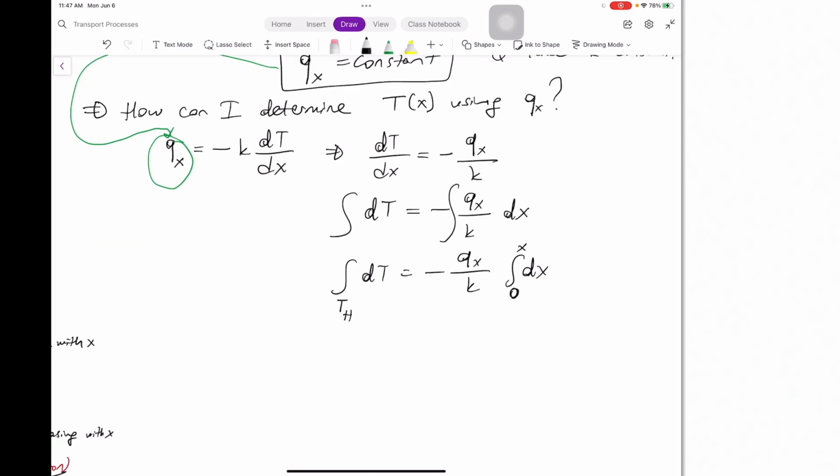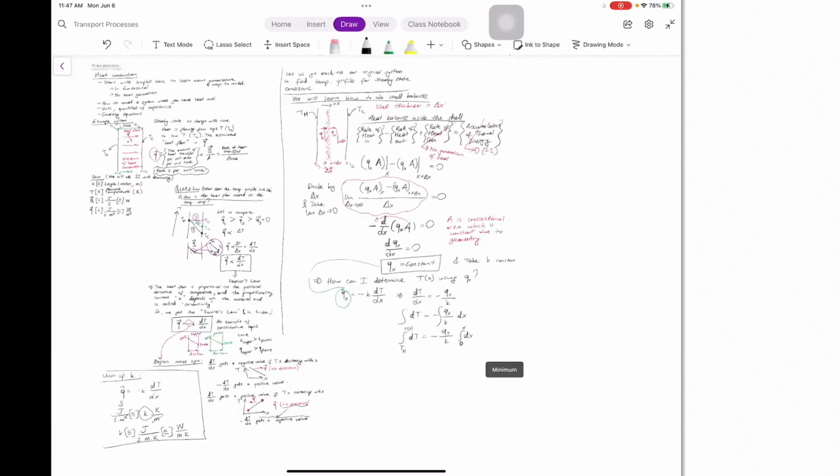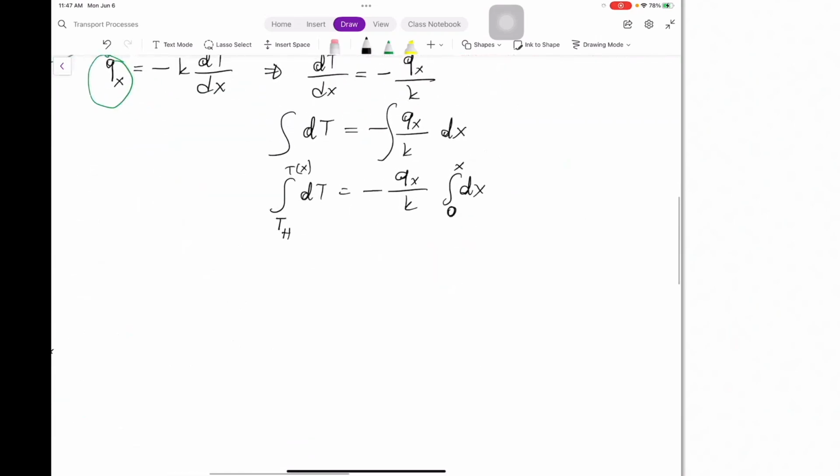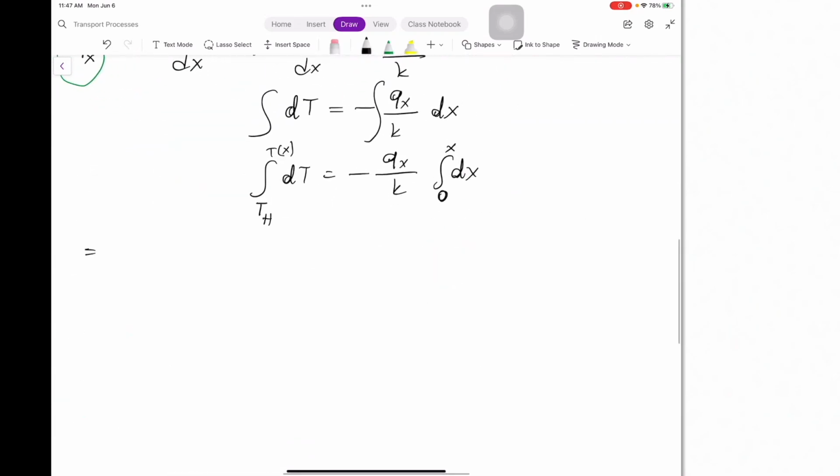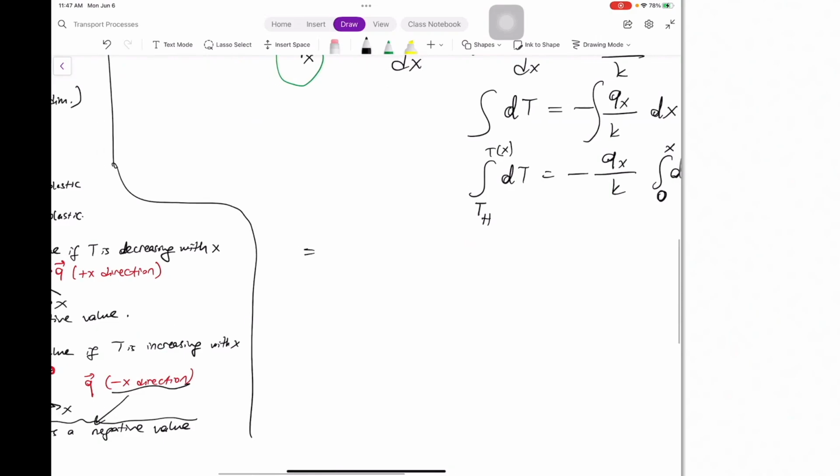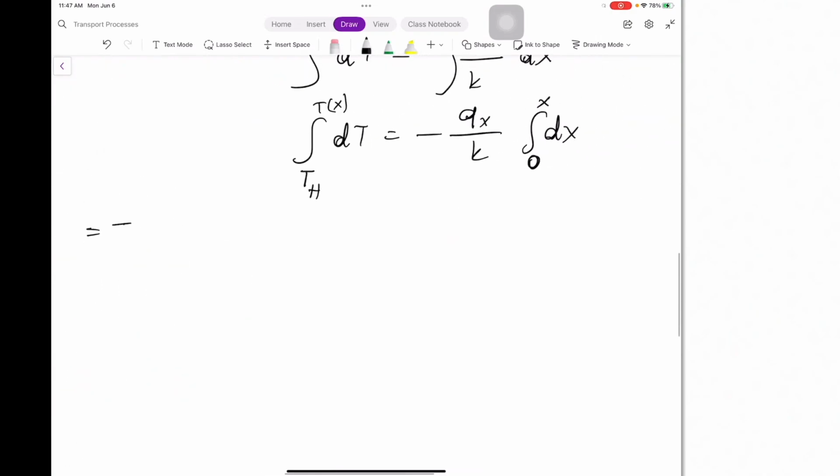And at x is equal to x, let me call my temperature T, any T at x. And then from here, you find that T minus T hot is equal to minus qx over k times x minus 0, which is x. So you find T is equal to T hot minus qx over k times x.